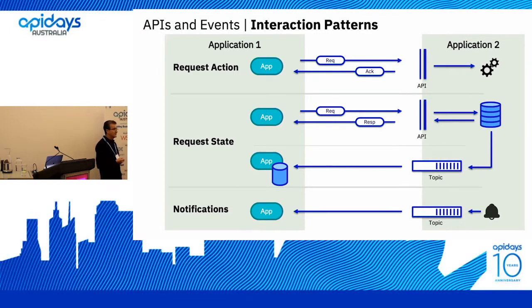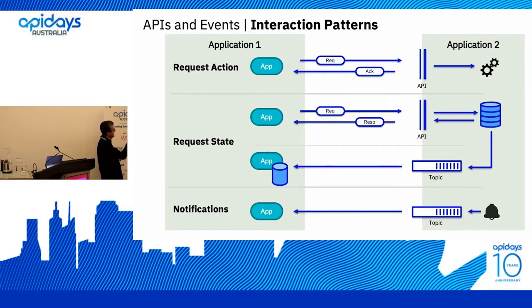There's a request action, so this might be a synchronous invocation of an application at the back end. It's where perhaps looking at fulfilling a request, updating a database, taking some information from that back end. But we do that in a synchronous manner. So there's a request and there's an acknowledgement. That's the basic pattern of a regular old API.